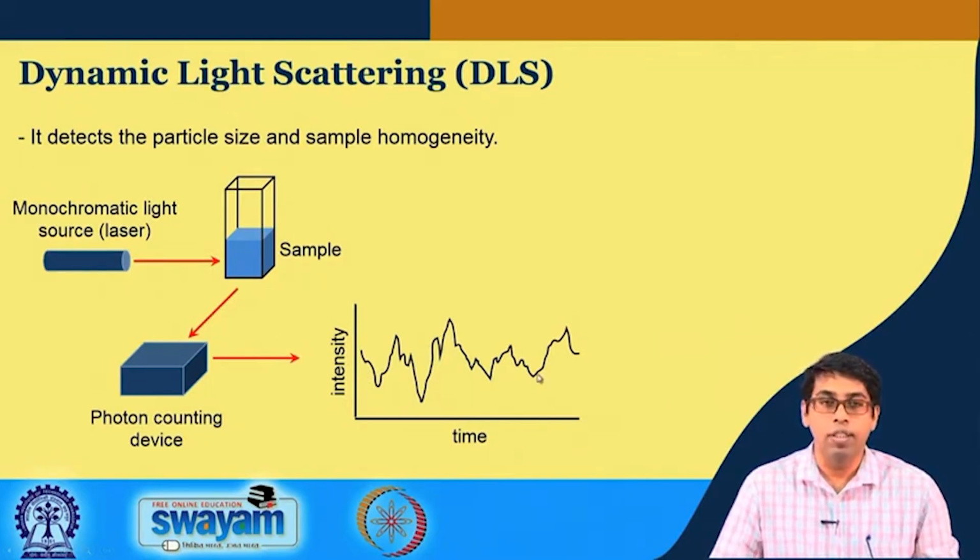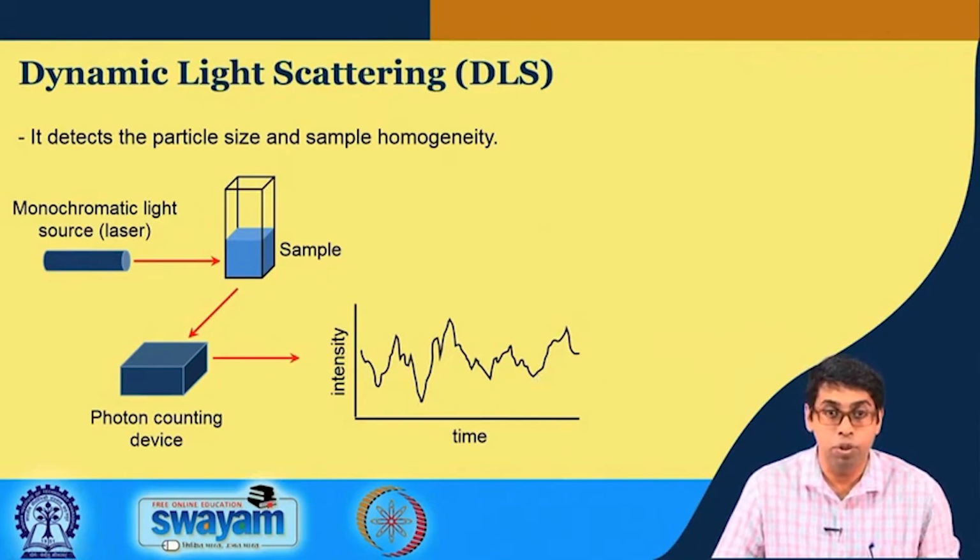This is because these small particles have Brownian motions. They are fluctuating, and that results in the fluctuation of the intensity due to interference and diffraction of the light waves. I am not going to go into the details of the theory, but the very basic idea of this experiment is that for smaller particles the Brownian motions are much faster.